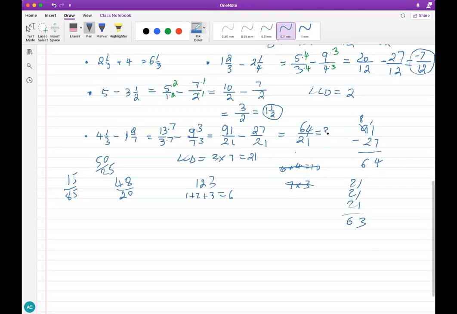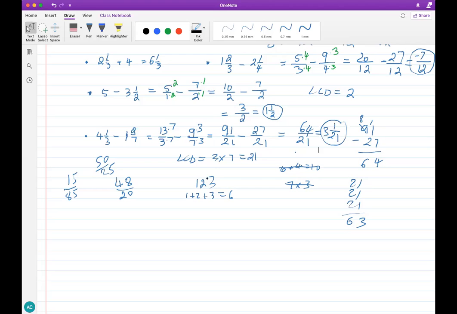Same denominator, 21. How much is left if you subtract this from this? 3 times 21 is 63, and it's 64. You have 1 left from that.